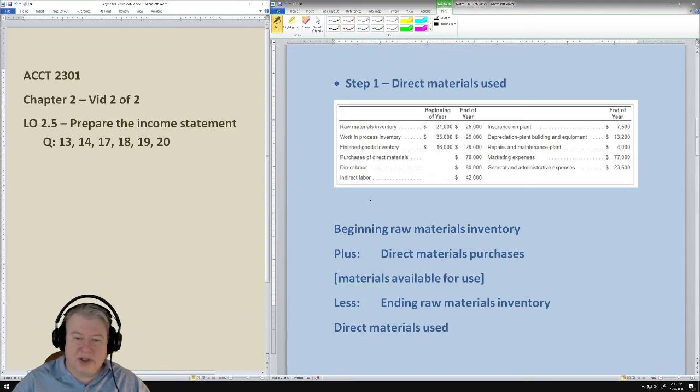Remember, we're still just focused on beginning inventory plus incoming items minus ending inventory equals whatever we're looking for, the outgoing items. And in this case, the outgoing items is what are the direct materials used. So we start off with beginning raw materials inventory, and we can see that right here, right? So we would say 21,000.